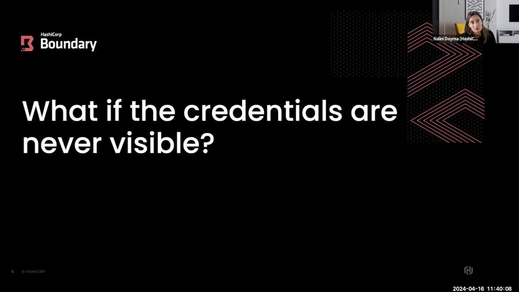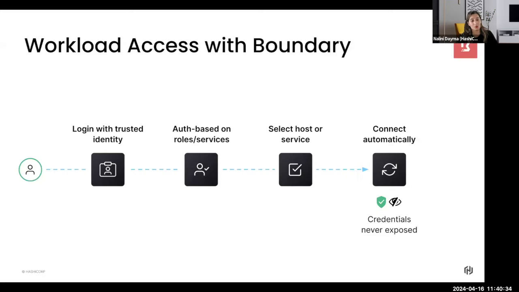But even if you do that, someone still has to grab those credentials and someone still has to type them in or copy and paste, and you are still making the credentials visible. So coming back to the original concern, how do we never expose the credentials and how do we make them invisible? Well, yes, that's possible. And Boundary does exactly that.